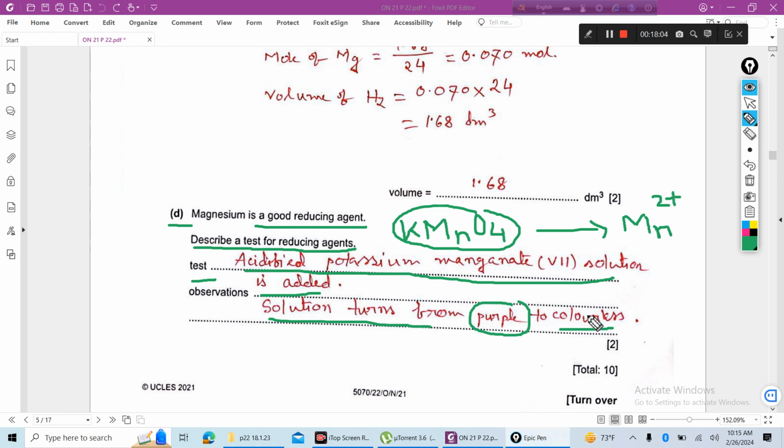So if you add a reducing agent to potassium permanganate, that reducing agent reduces KMnO4 to manganese 2, which is colorless. So the observation will be purple solution turns to colorless. This is the test for a reducing agent.